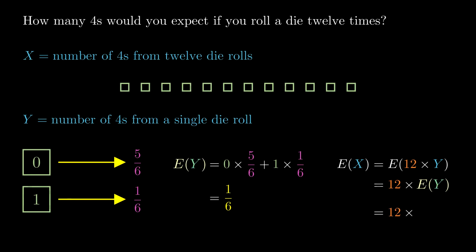And we just worked out the expected value of Y. That was a really easy calculation. That was just 1/6. Okay, and so that gives us the same calculation as before, 12 times 1 over 6, which is 2.